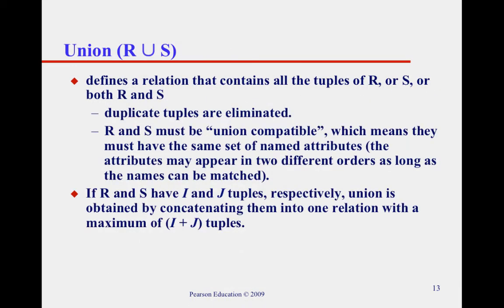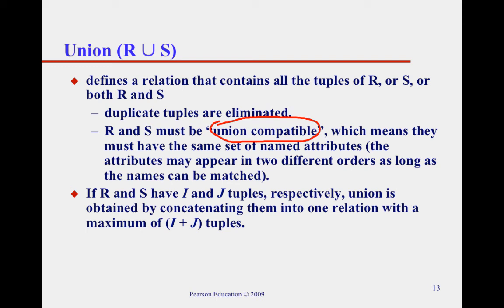Okay, union, pretty easy. You just combine tuples from R and S, but there's an important concept called union compatibility. It doesn't really make sense to do a union on a disjoint set of attributes.